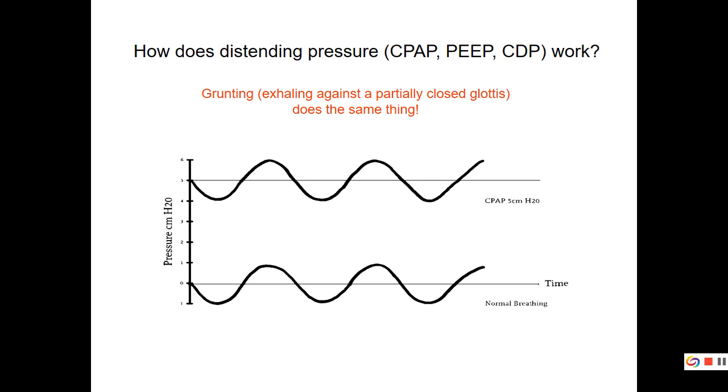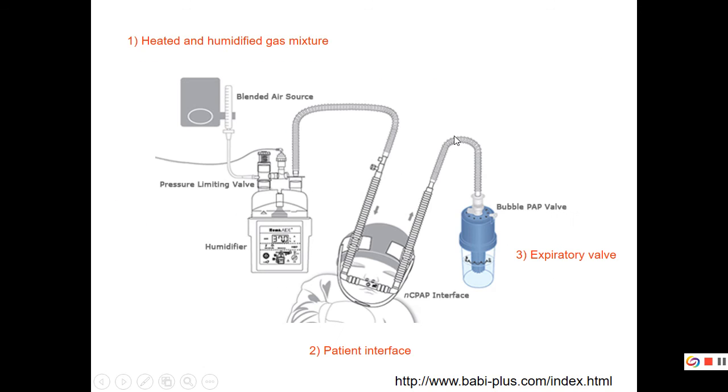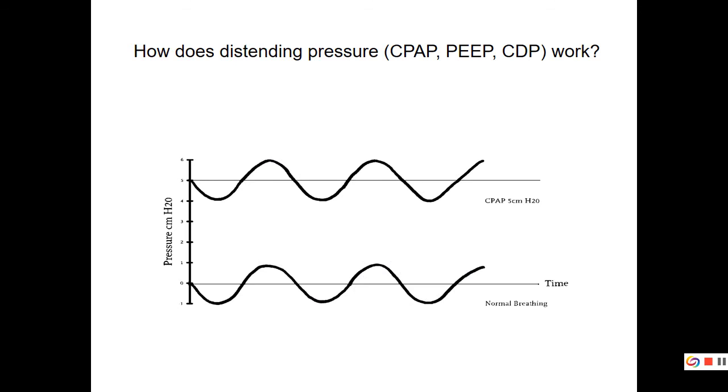With their vocal cords, they're exhaling against a partially closed glottis. It does the same thing as we do with CPAP. Does that make sense? So what the baby is doing with their vocal cords, they're kind of adjusting the expiratory limb. Does that make sense?